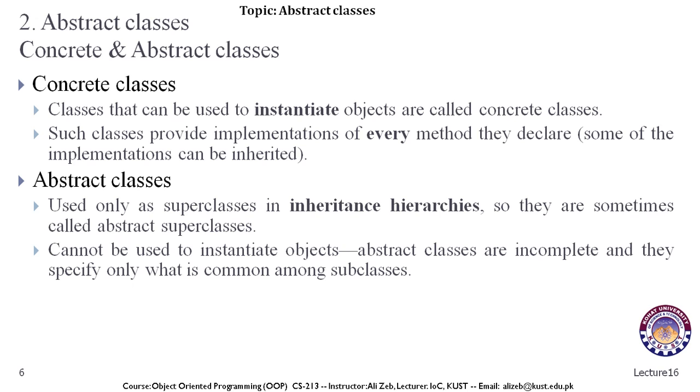They cannot be used to instantiate objects. As we saw, the difference of the abstract class from a concrete class is that abstract classes cannot have objects. Abstract classes are incomplete and they specify only what is common among subclasses.